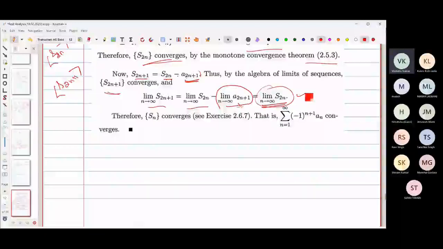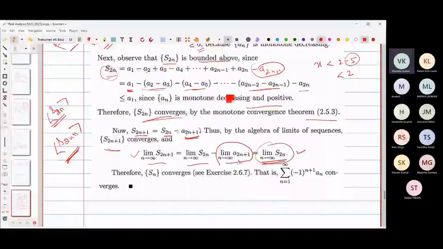So both the sequence of even partial sums and the sequence of odd partial sums are giving us the same limit. So therefore the series is convergent.